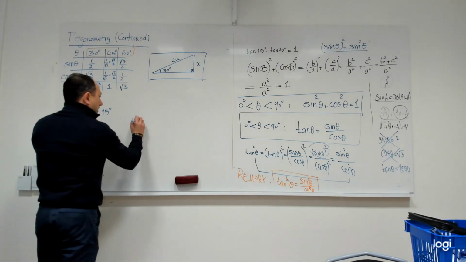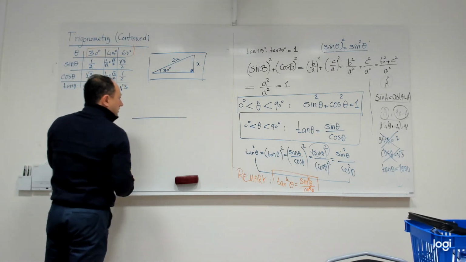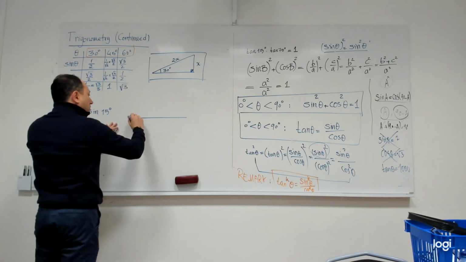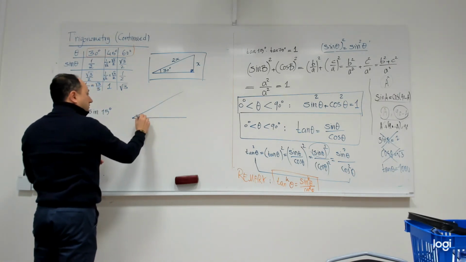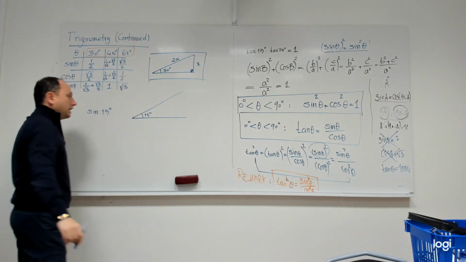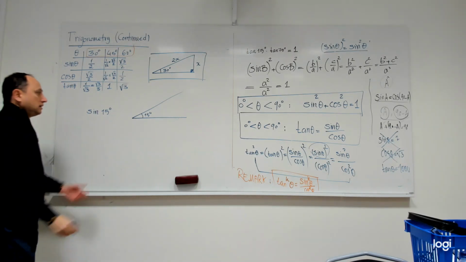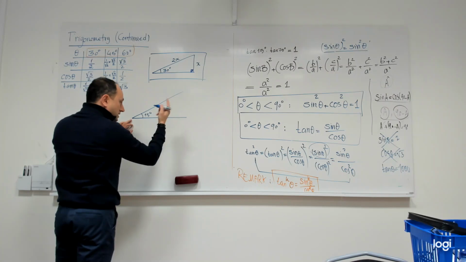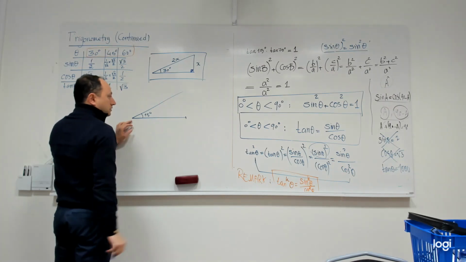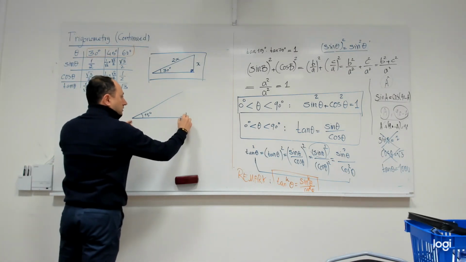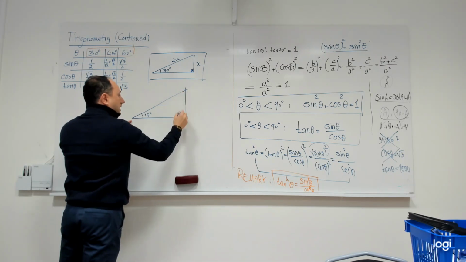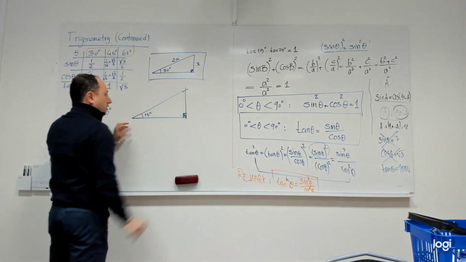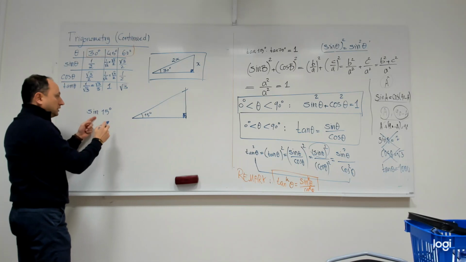So what you are saying is that I draw a line. I use my protractor to make a 15 degree angle, yes? And then I choose one point on this horizontal line. It doesn't matter. I choose one point and then I draw a perpendicular line to make my right angle triangle ready. Okay? And then I take my ruler.